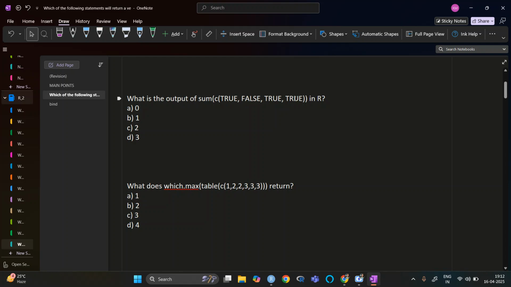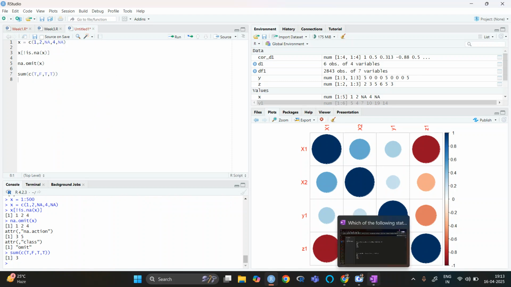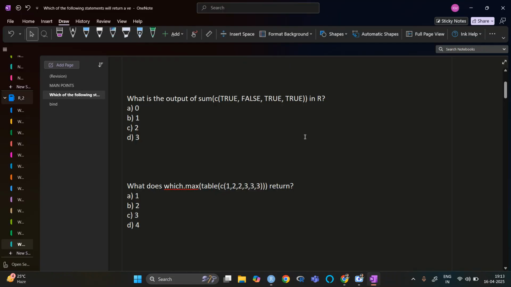It is true, true, true, and one false, so three true. If I write sum of c(TRUE, FALSE, TRUE, TRUE), it is 3, because what it does is it replaces the false with 0 and true with 1. So it will be 1 0 1 1, and its sum will be 3.